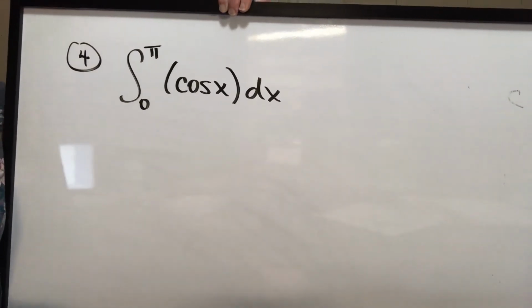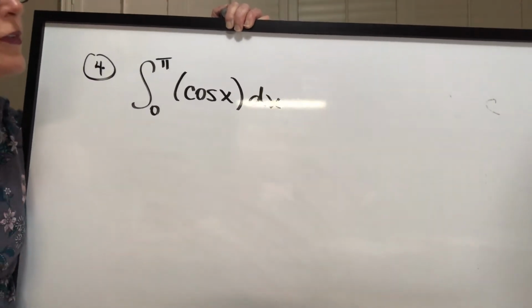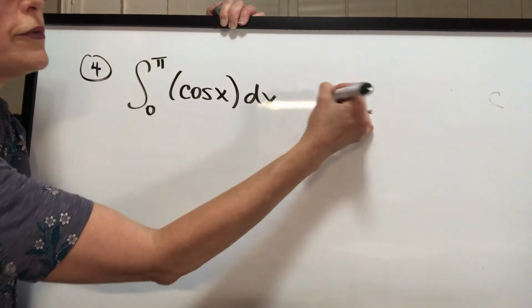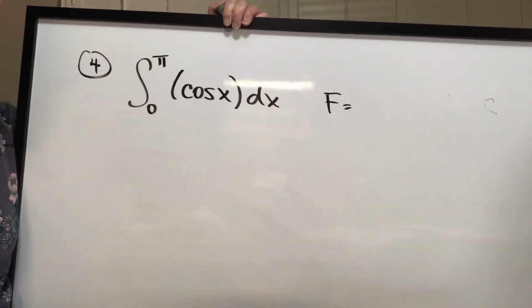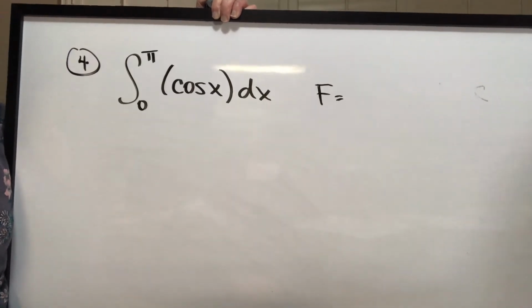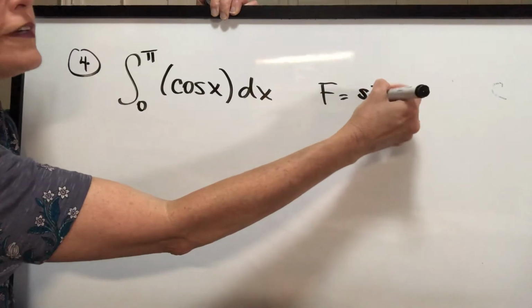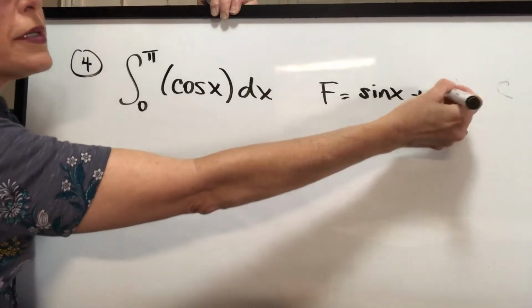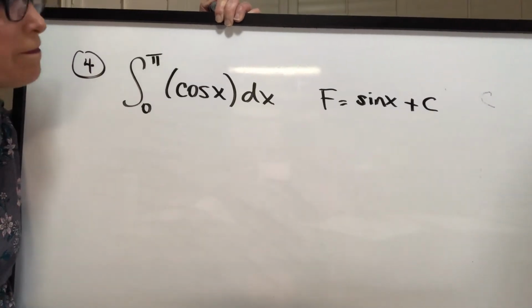First of all, we have to find the antiderivative of cosine of x. So you would first look at the table of antidifferentiation rules that I attached. The antiderivative of cosine is sine of x, and then you'd put plus c. But we're going to keep this easy and make c 0.